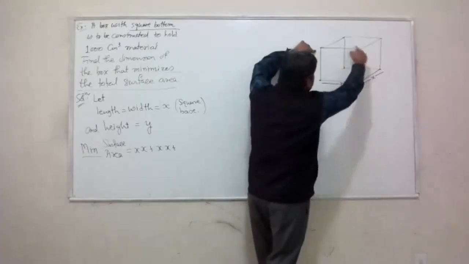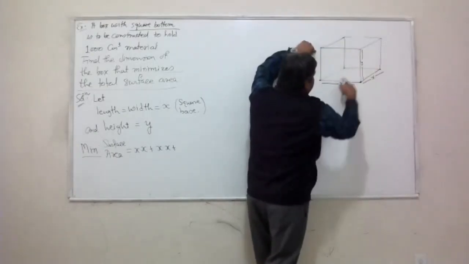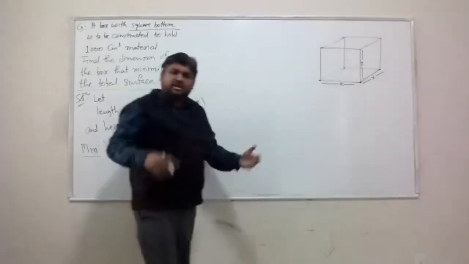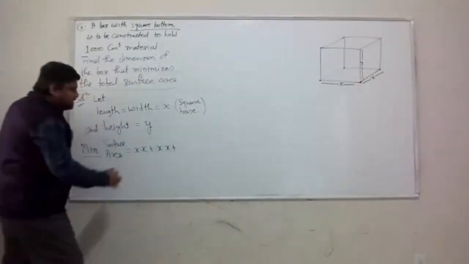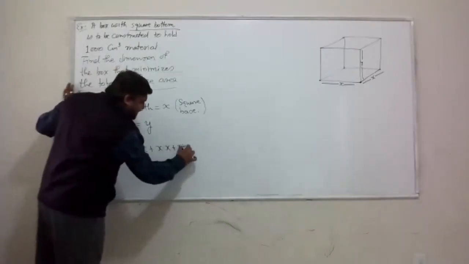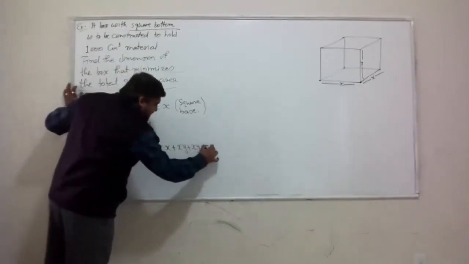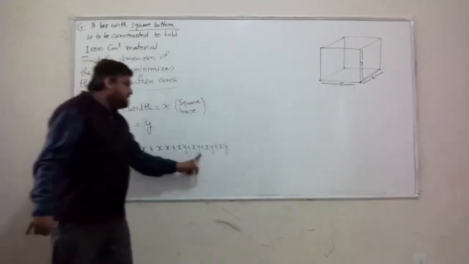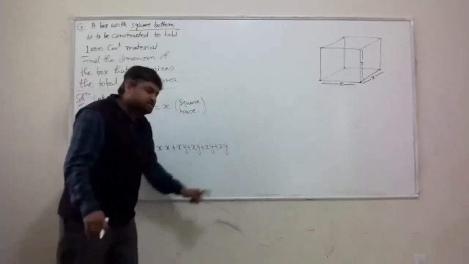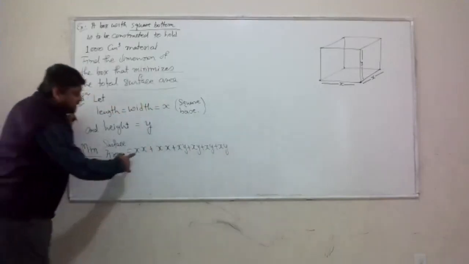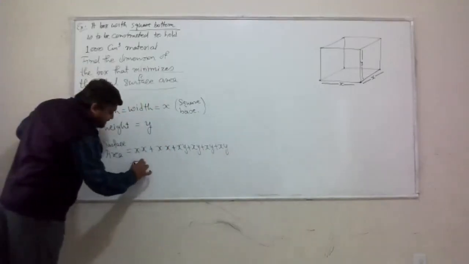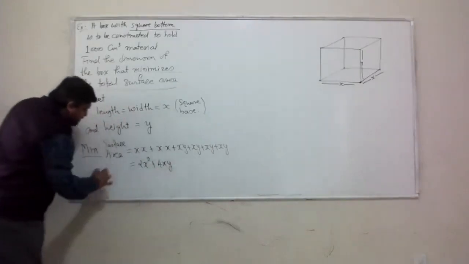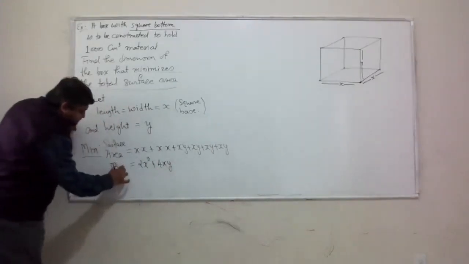The area of this particular surface is going to be x times y. Same way, area of the other one will be x times y. We have 4 of them, right? So I have x times y, x times y, x times y, x times y. Understand that this is the area of all 6 surfaces, right? There are a couple of like terms. I'm going to add them: 2x squared plus 4xy. This is what we would like to minimize.